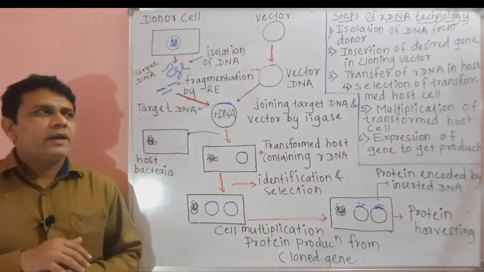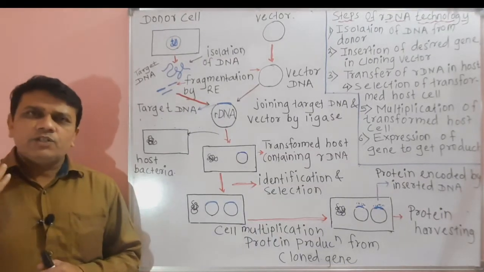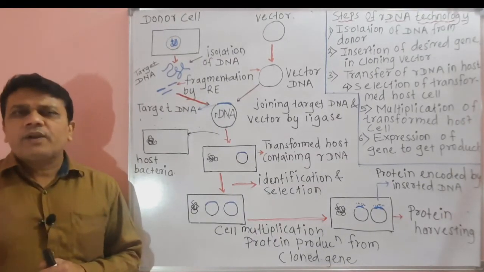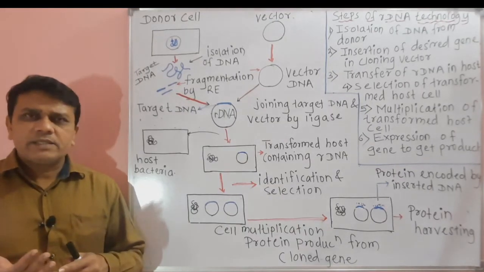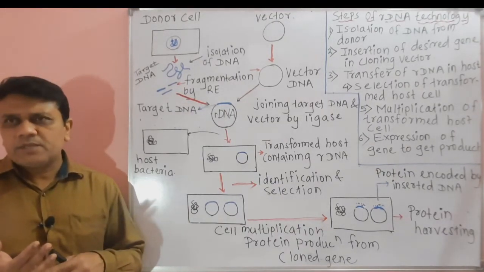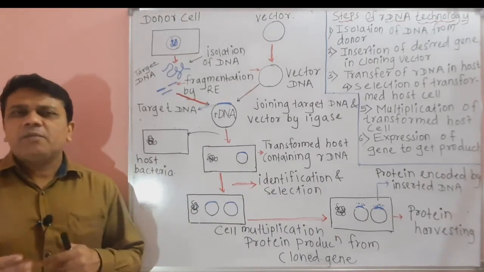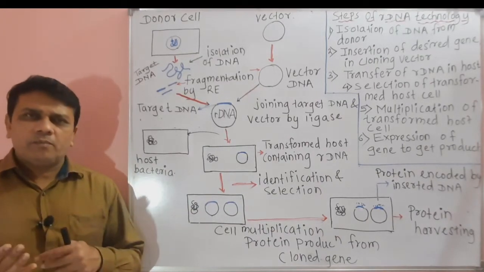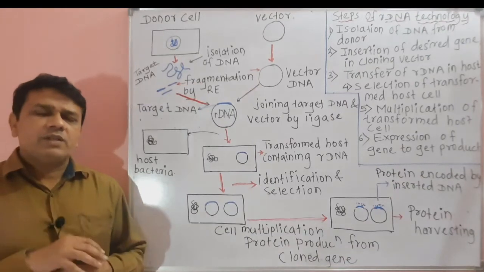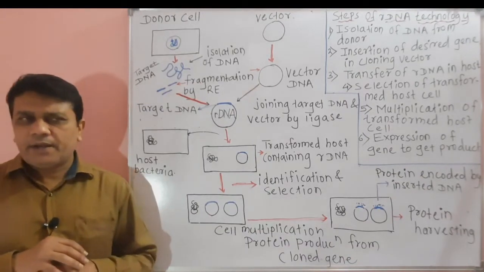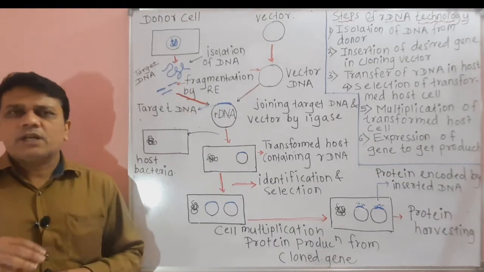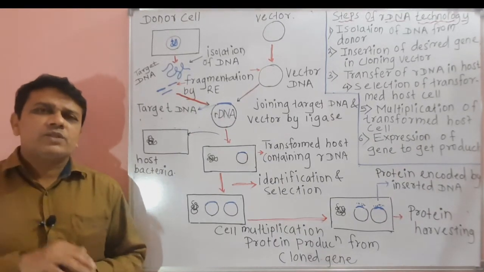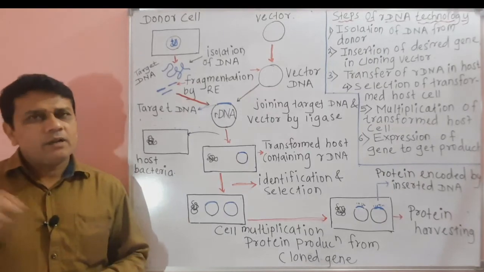Recombinant DNA technology is used to get different important products like proteins, different kinds of enzymes, as well as antibiotics. Recombinant DNA technology is also used to introduce the desired gene in certain plants.